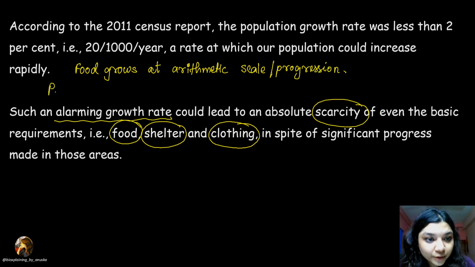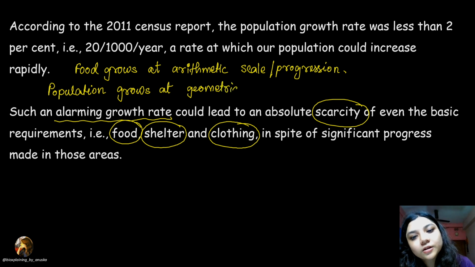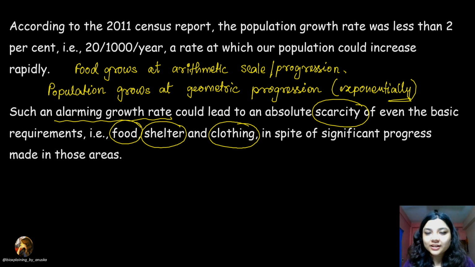But what about our population? Population grows at geometric progression. Okay, geometric progression means population increases exponentially. Like in cells, we see cell division, first 1, then 1 to 2, 2 to 4, 4 to 8, 8 to 16, like that.